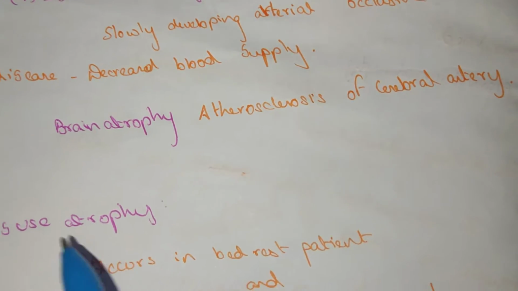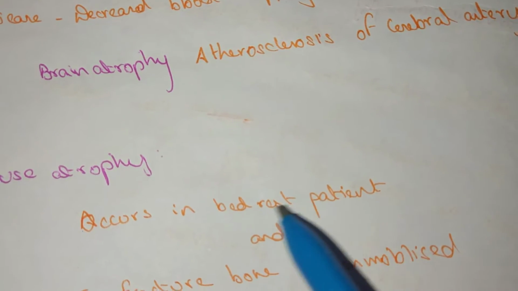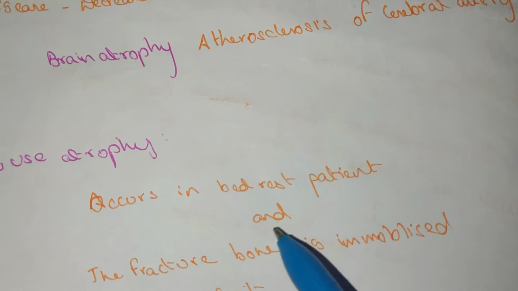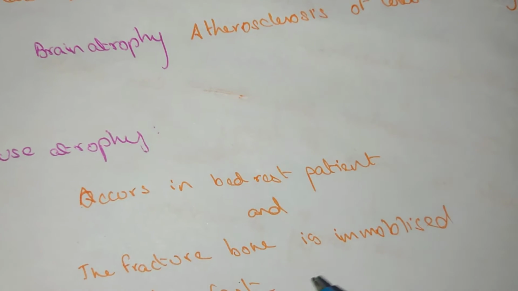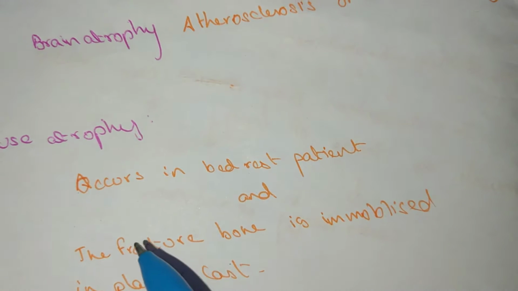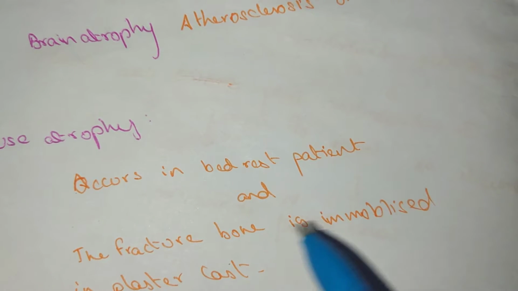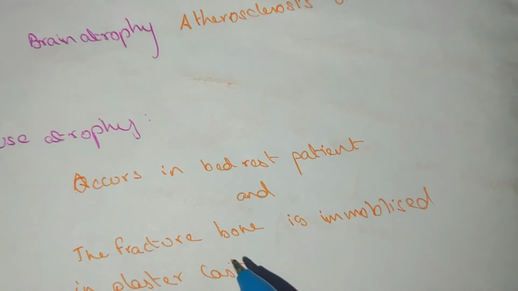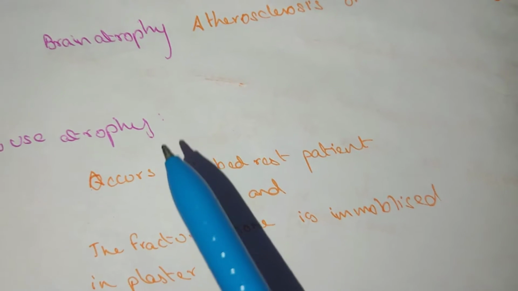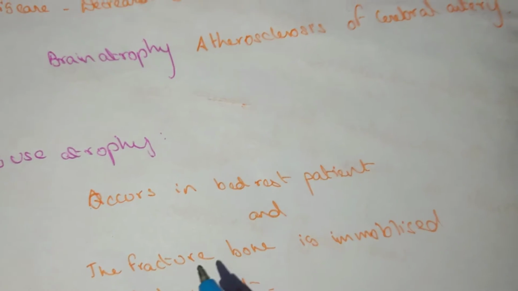Disuse atrophy. This disuse atrophy occurs mostly in bed rest patients, as well as when a fractured bone is immobilized by a plaster cast.